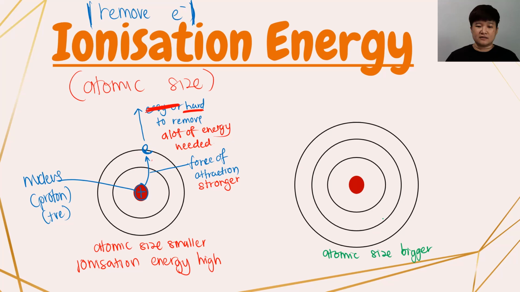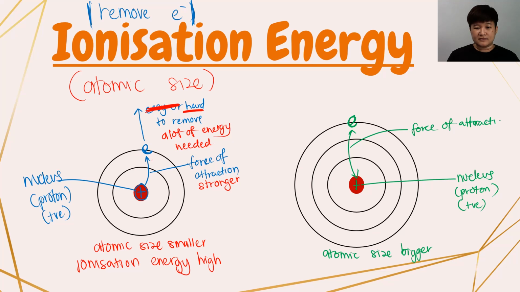When the atomic size is bigger, your nucleus is the same. Your nucleus will forever have protons, and it will always be positively charged. So the valence electron is out here, and this valence electron will experience a force of attraction from the nucleus.